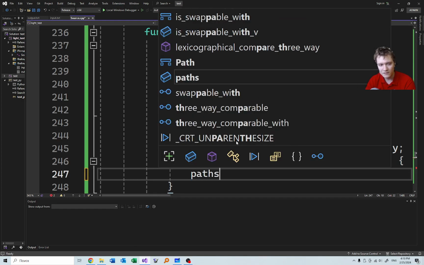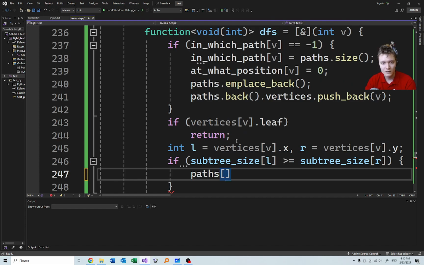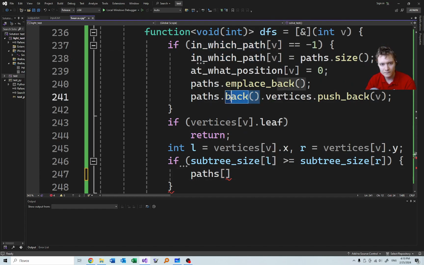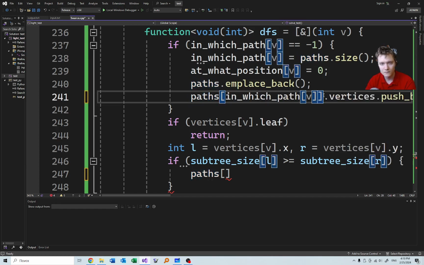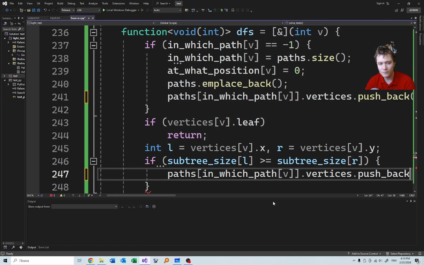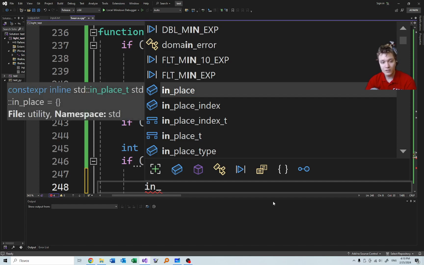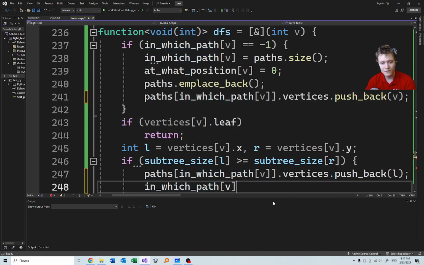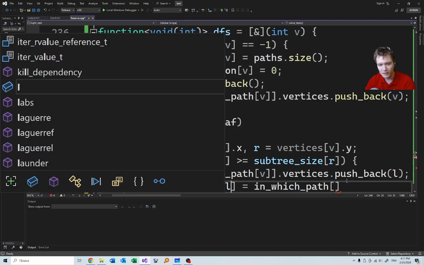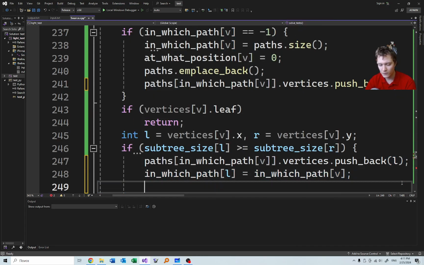So we say that paths in which path dot vertices dot pushback L, and in which path L is in which path V, and at what position L is at what position V plus 1.